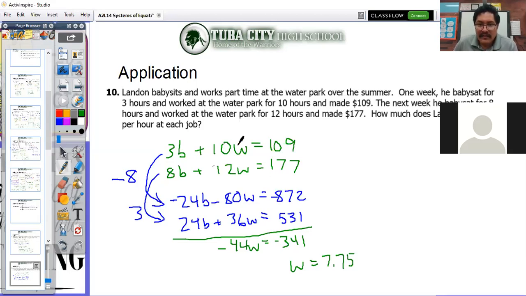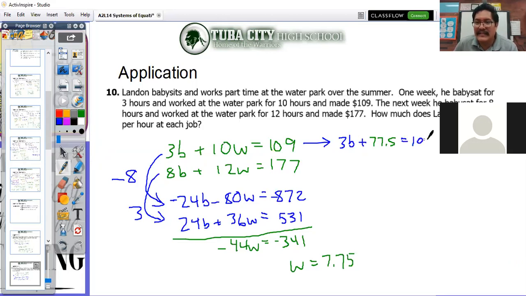So now we have to plug it back into one of these. Let's go ahead and do that. So W is, now I'm going to plug it into the top one because it's got a 10 right there. Timesing things by 10 is really easy. And it's so easy, in fact, I'm just going to put 77.5 because to times anything by 10, you just move the decimal.